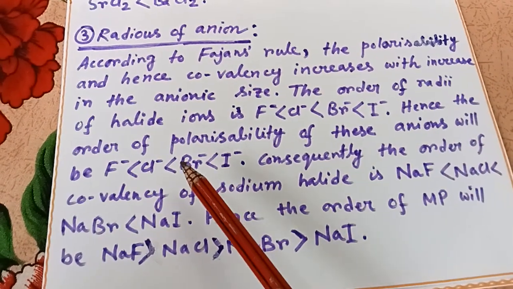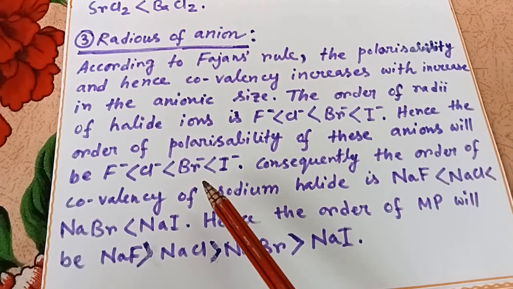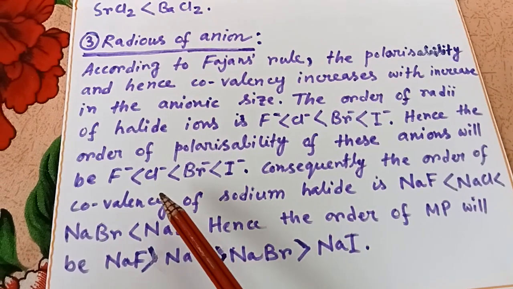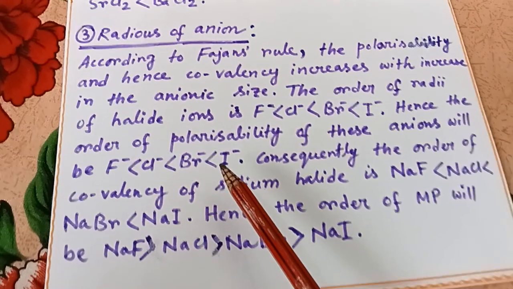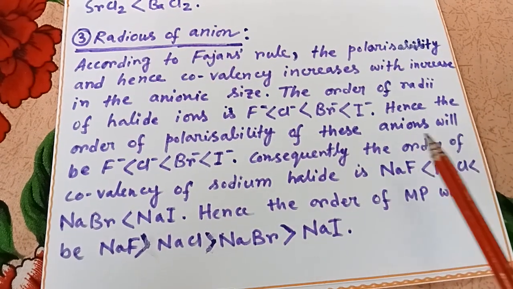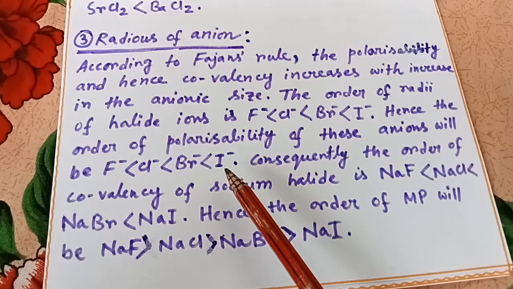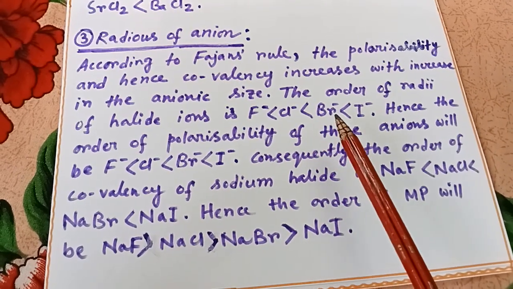Hence, the order of polarizability of these anions will be F minus less than Cl minus less than Br minus less than I minus. That is, the order of polarizability of the anion will be same as that of order of radii.